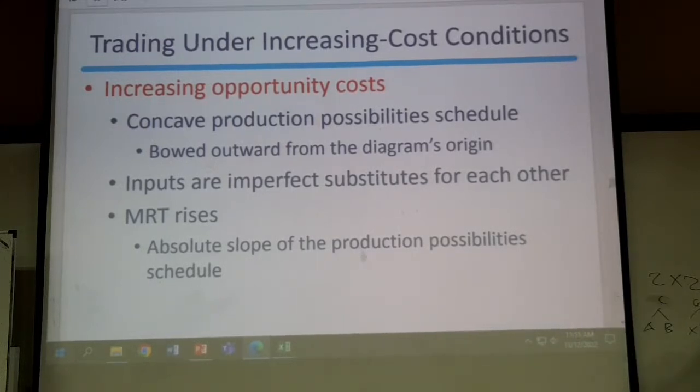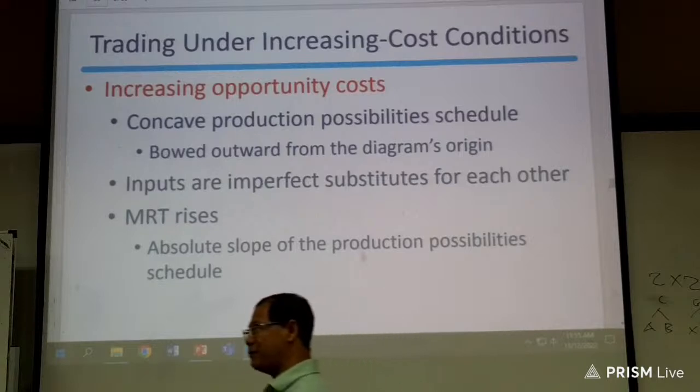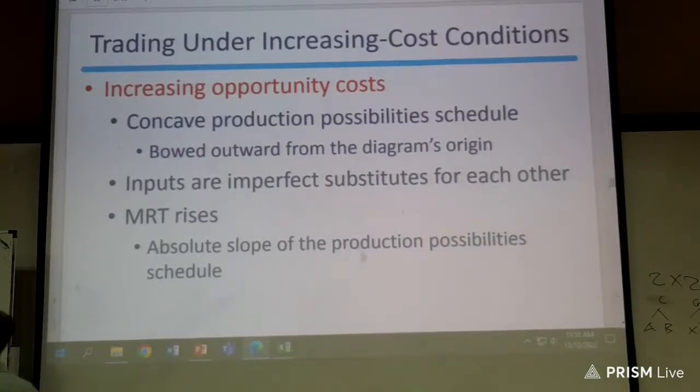When we study number 2, number 3, we assume this one is always the same. Economics will study the model ceteris paribus. I wonder why they take the Latin. Assume everything else the same.